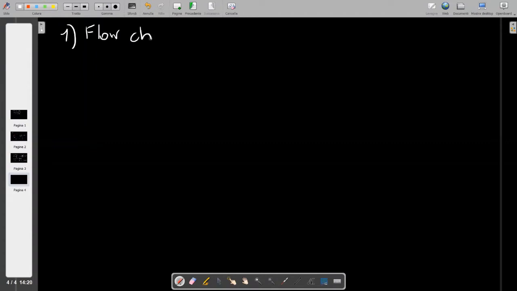Then, in general, as usual, we need to define the flowchart of our script. First of all, we need to start, of course, and after some computations, we need to end. As you know, a flowchart must be designed with a starting point and an ending point.